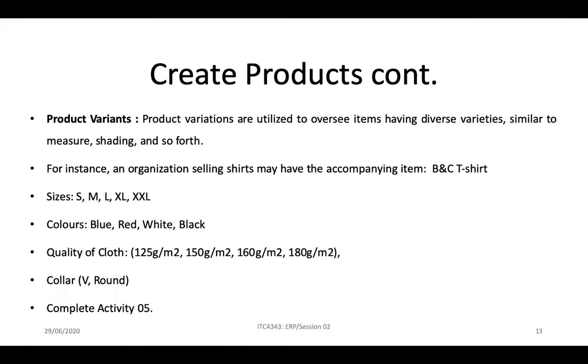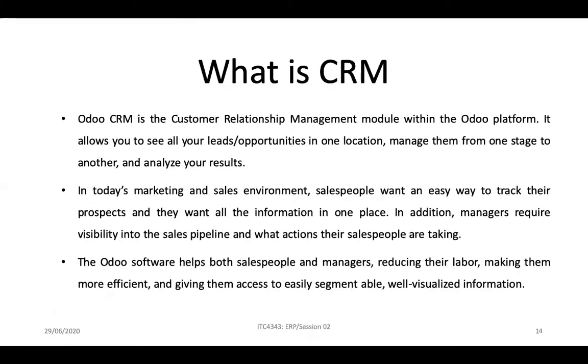Odoo provides a solution where under the product there is a special thing called variant. Under the variant you can create small, medium, or whether it's red, white, black. I will show you how to do it.